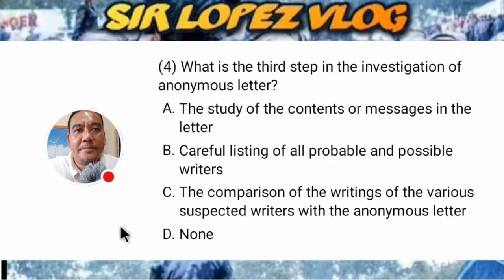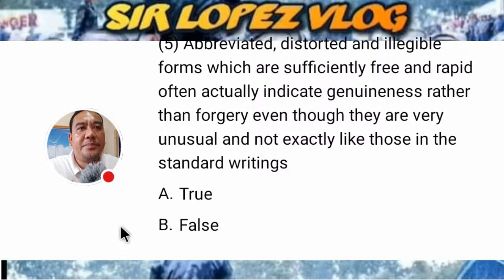Number 5. Abbreviated, distorted, and illegible forms which are sufficiently free and rapid often actually indicate genuineness rather than forgery, even though they are very unusual and not exactly like those in the standard writings.